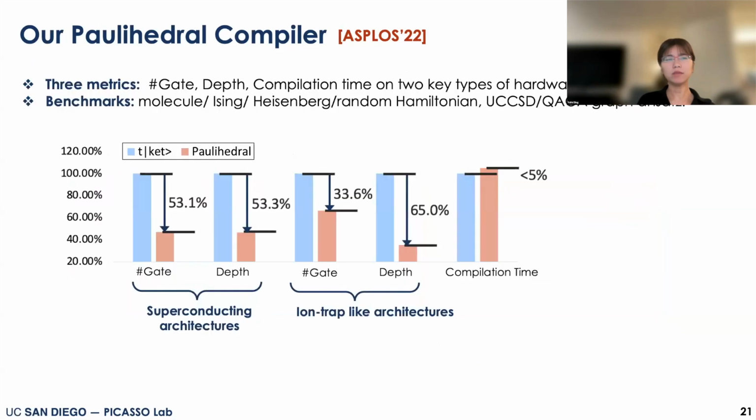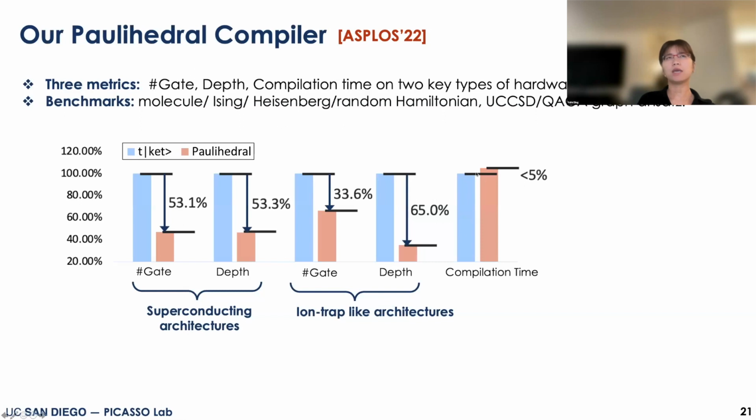Here I just want to show the results, and actually the result is pretty nice. We conducted experiments on both superconducting architectures, where the coupling graph is very sparse, and ion trap architectures, which are dense locally but still sparse globally.